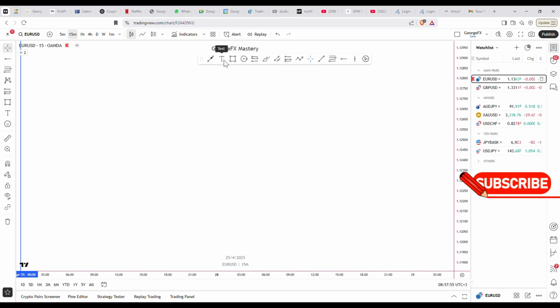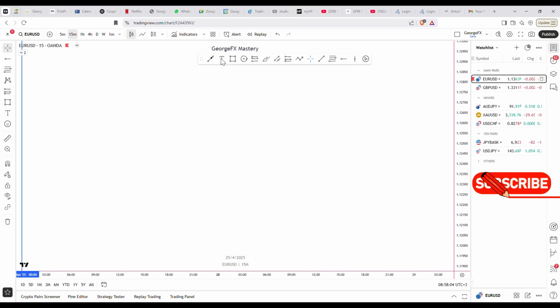Those three sessions are very important for this particular model. So the first thing is you have to understand when the Asian session is starting, when the London session is starting and when the New York session is starting. But we are not going to be taking any trade on New York for this particular day, but I will teach you later on how to trade the same model during the New York session.